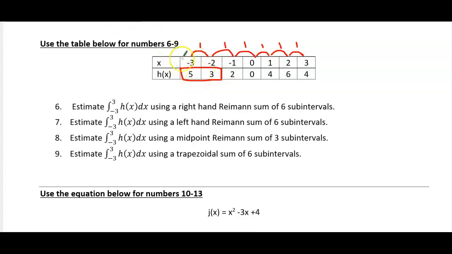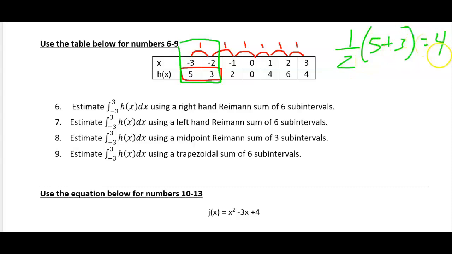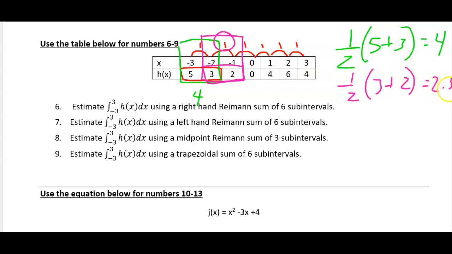So the formula for a trapezoid is going to be the height, which is 1 over 2, times the sum of the bases, 5 plus 3. And so that's half of 8, which is 4. So my first trapezoid is going to have an area of 4. Then we repeat with the next trapezoid. So that would be this one. Here's my height. Here's my bases. So 1/2 of 3 plus 2 is 2.5.